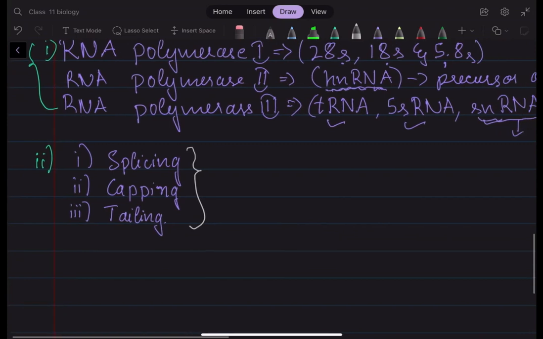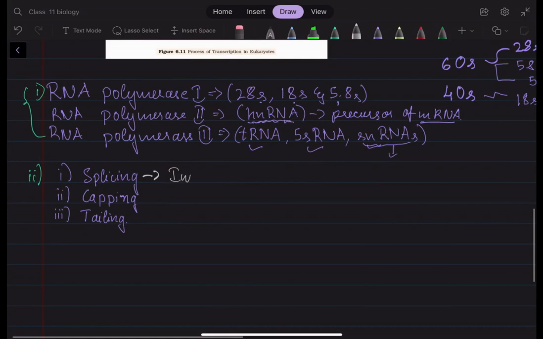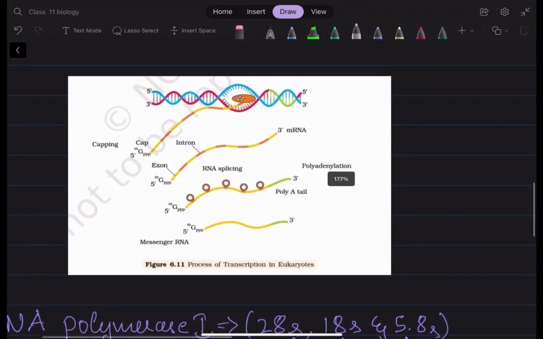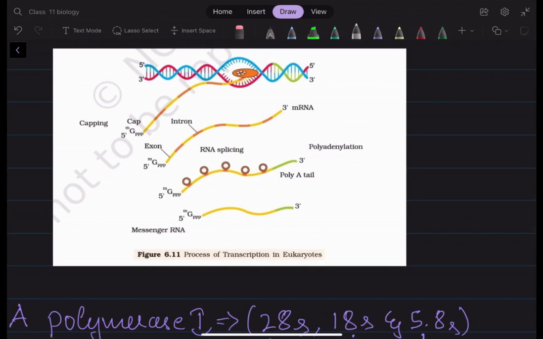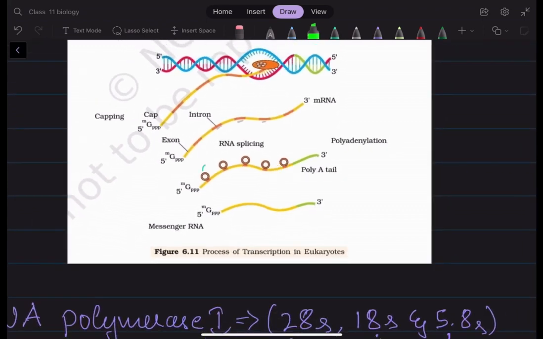Splicing is the process where the introns are removed. So you can see we have introns over here, and you can see here these are basically SNRPs, or you can also call them snRNAs. So these snRNAs help in the removal of the introns.